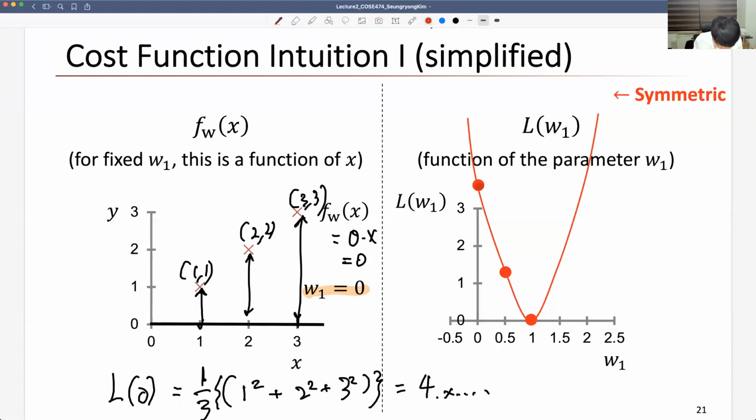By searching the possible W1 in this space, we can draw the cost value.